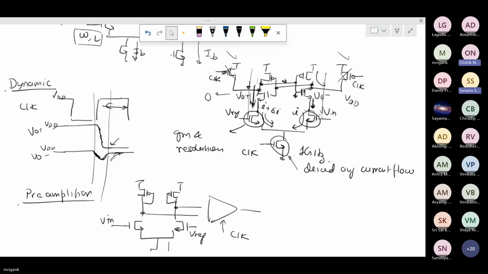The NMOS must be on to work, right? Yes, and also the lower NMOS. So till what voltage will it work?